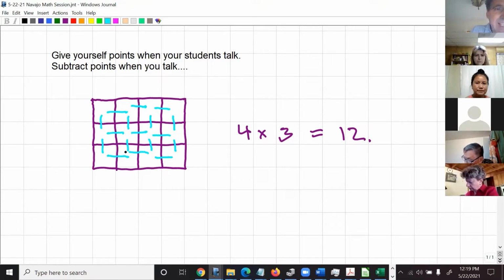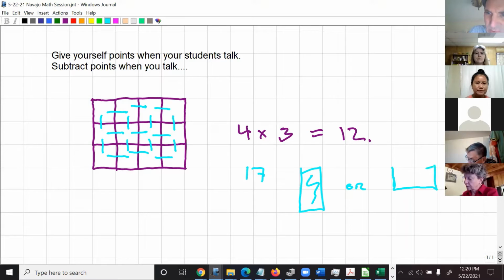So I'm getting, seems like I have 17 things that look like this. Or did I count them right? The way that I counted was by putting a dash like that along it.